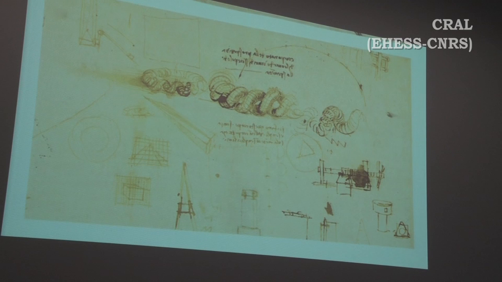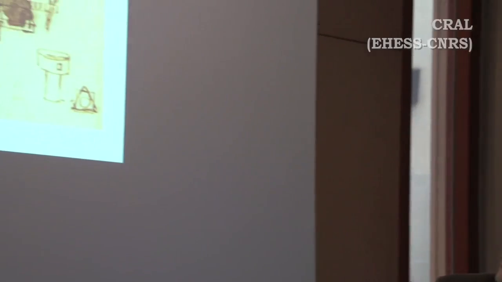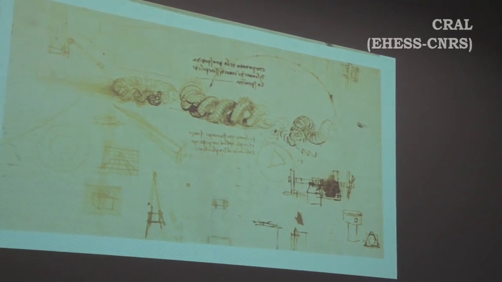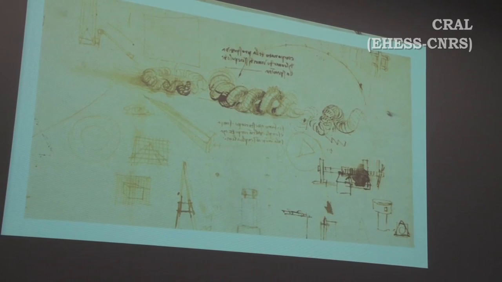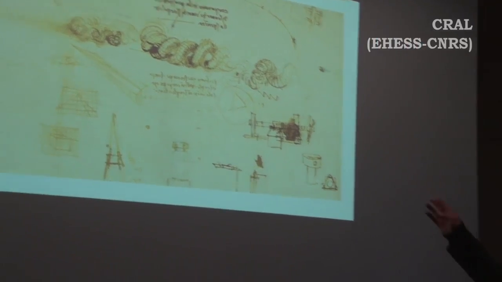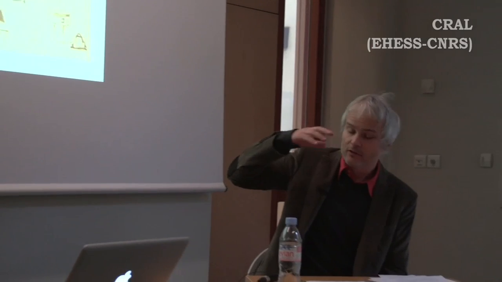You remember Leonardo calls it a corpo nato della prospettiva di Leonardo Vinci, discepolo dell'esperienza, a body born of the perspective of Leonardo Vinci, the disciple, pupil of experience, and below he says then that this is going to be made with simple lines.